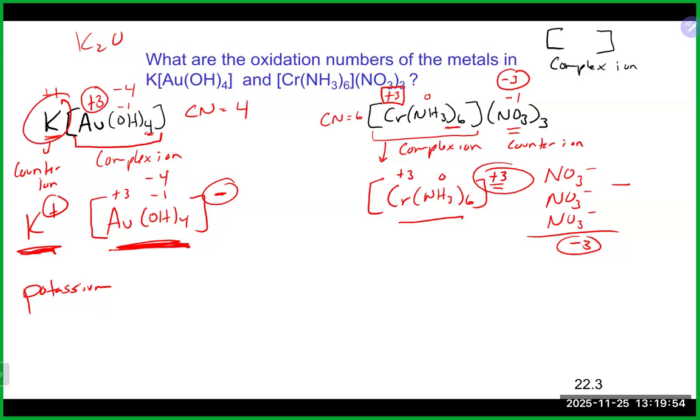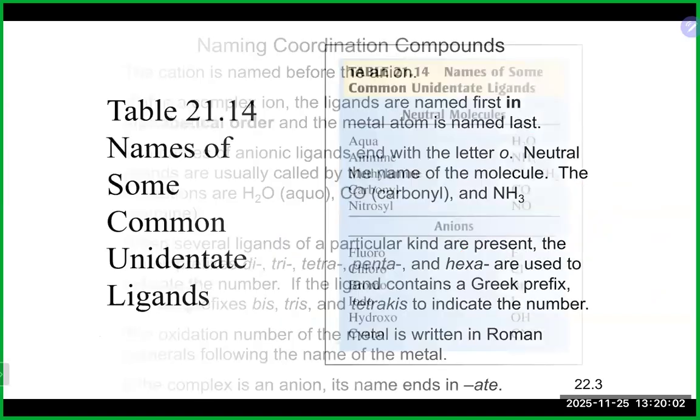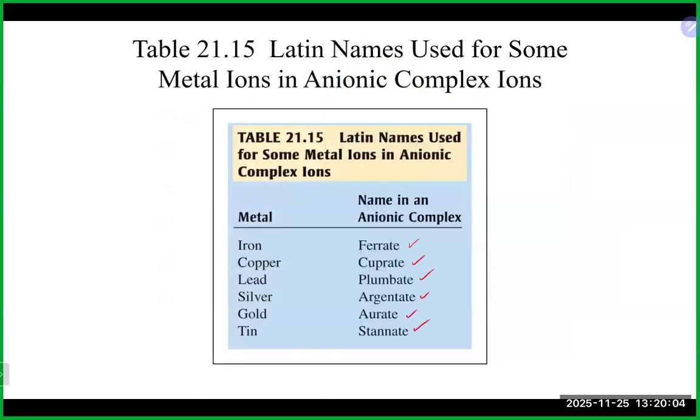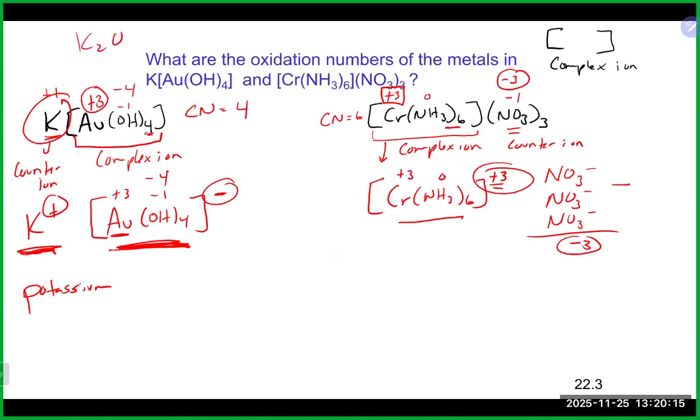Now, because this is a negative complex ion, we will not use gold. We will have to use the older version of the gold name, and that is aurate. And again, instead of gold, because our complex ion is negative, we're going to go with the aurate. And what we know from what we dissected here, we have aurate Roman numeral 3 for the charge that's on it.